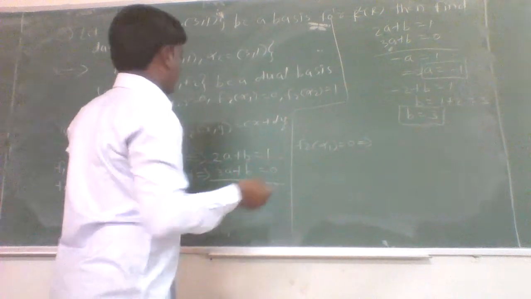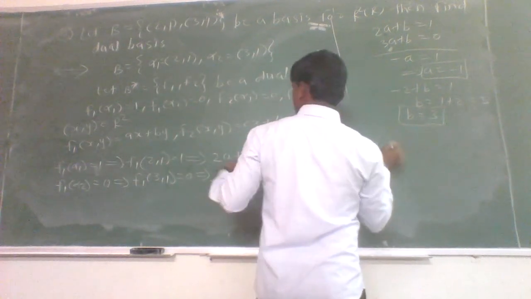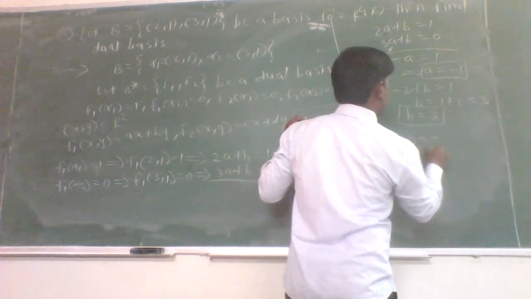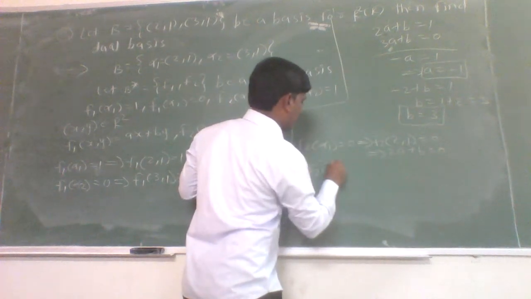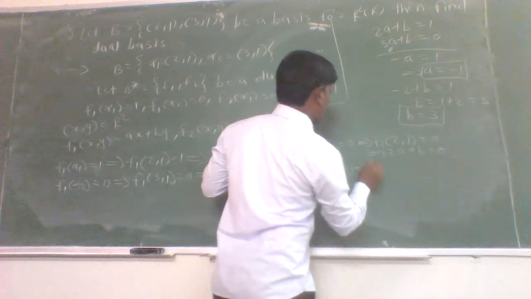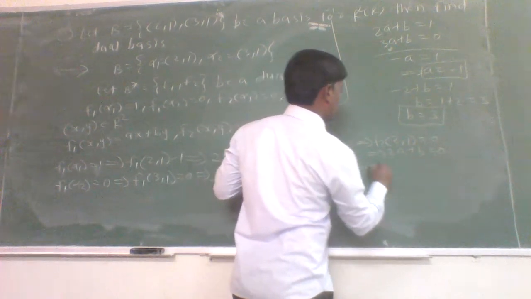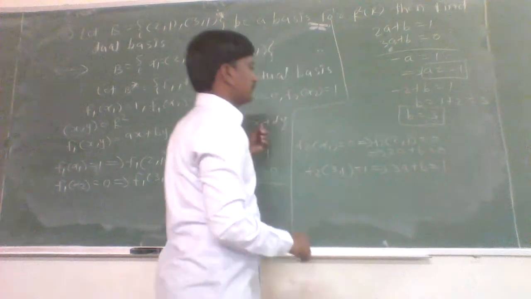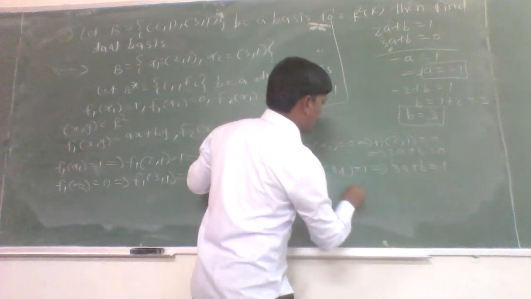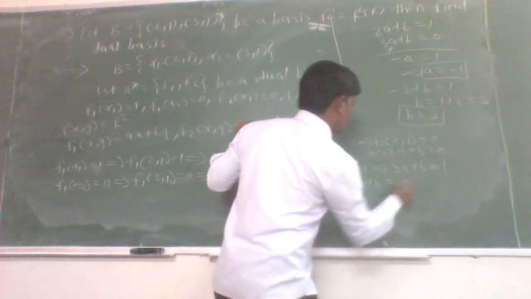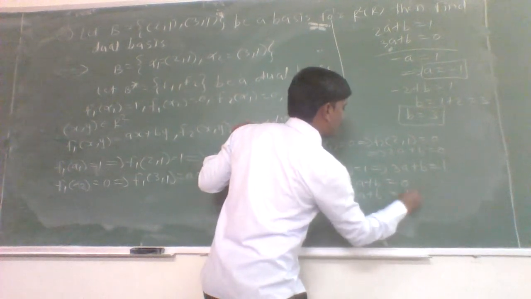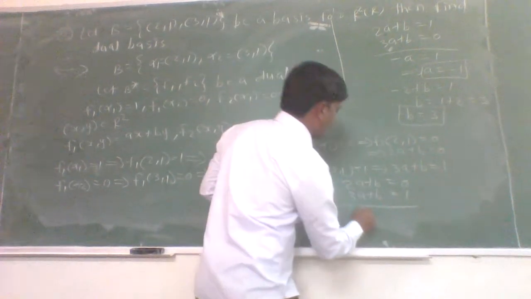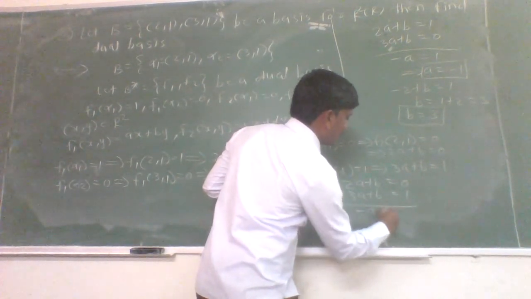Now f2 of alpha 1 is (2, 1) equal to 0, which implies 2c plus d equal to 0, and f2 of alpha 2 is (3, 1), which is equal to 1, which implies 3c plus d equal to 1.